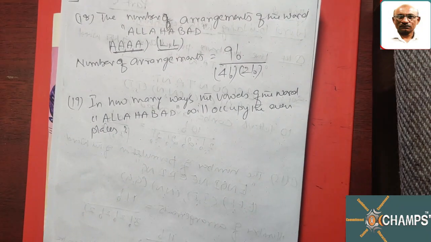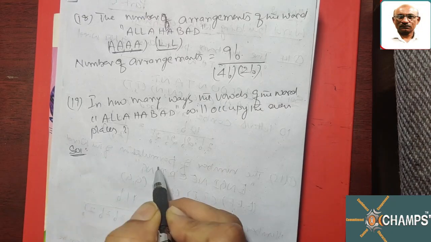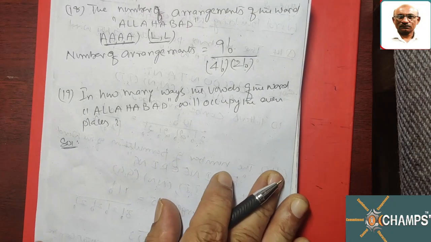Vowels occupy the even places. See the solution. This is word building with repetition, that too with restrictions.